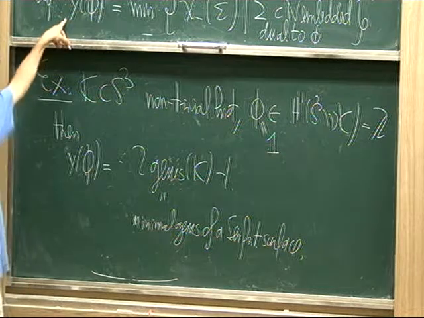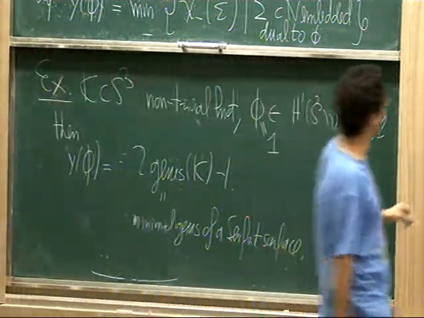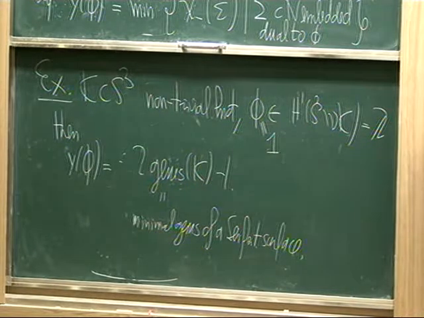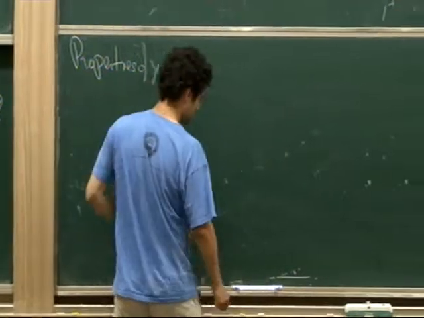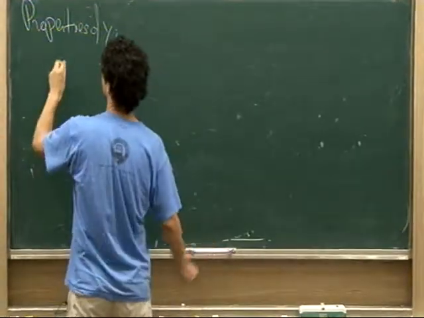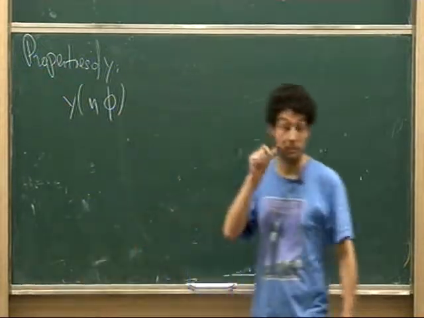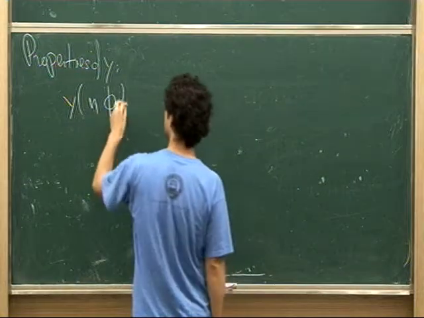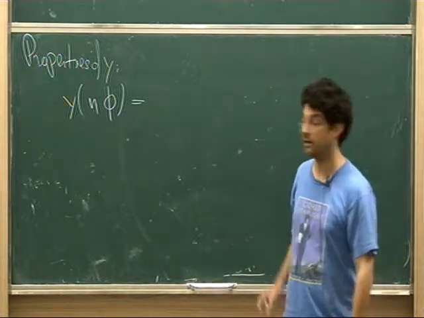So it turns out that y of phi has a couple of very nice properties. So, properties of y. One is, if you take phi and multiply it by an integer n, then the complexity is linear in n.